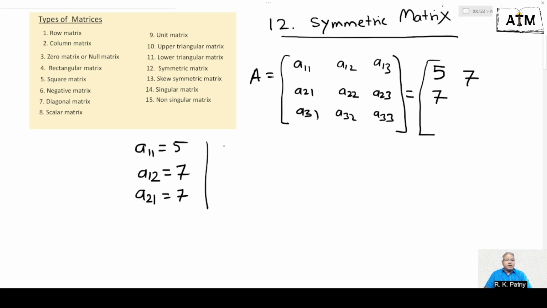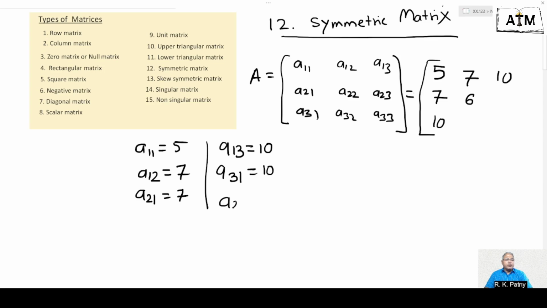Now let us see A13. Suppose A13 is equal to 10. What is the reverse of 1 3? Reverse of 1 3 is 3 1. So A31 is also 10. So I write 10 here and 3 1 is also 10. After that A22, any element whatever you want, suppose 6, no problem.